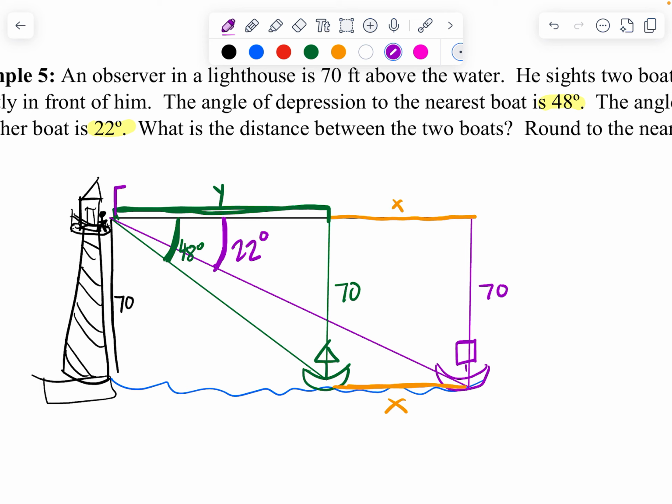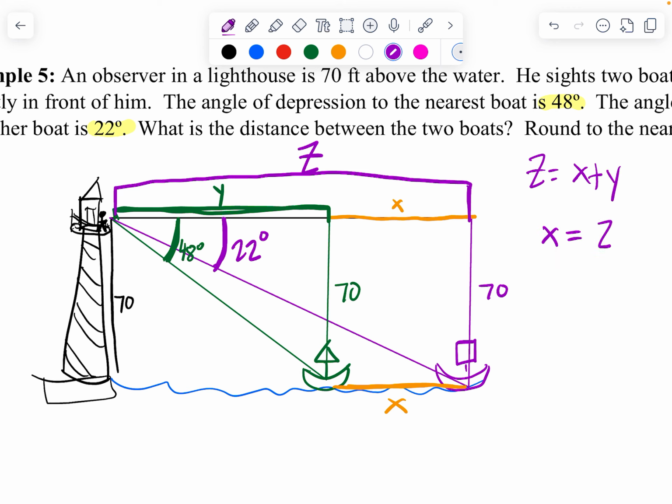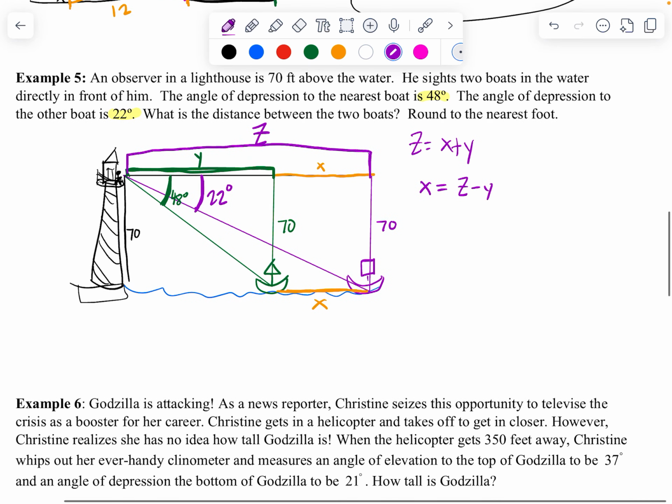Would you agree that if we look at the entire adjacent side for the whole triangle up there, then that distance is going to be the first triangle plus the distance we need, right? Z is x plus y, and our goal is x, meaning if we take the entire distance and take out just the green triangle, the y, we should find out the distance between the boats. Super helpful, super awesome. So let's set this up.